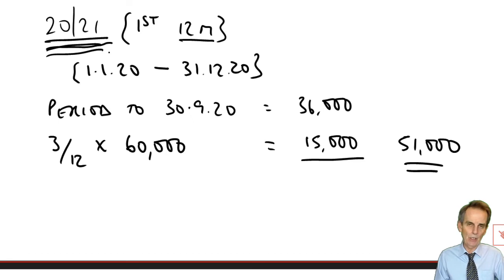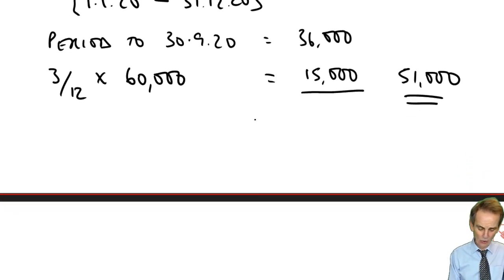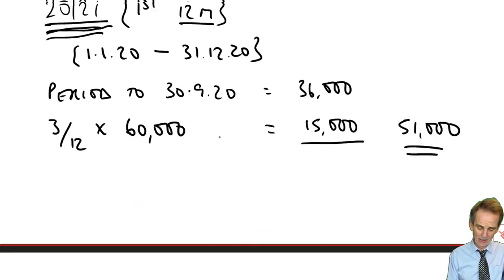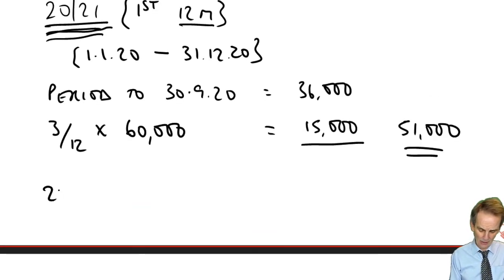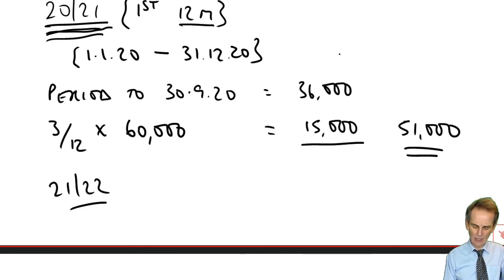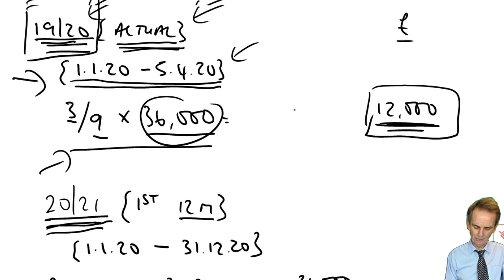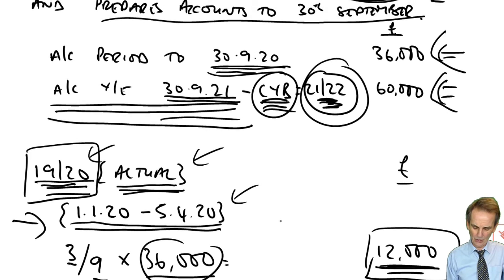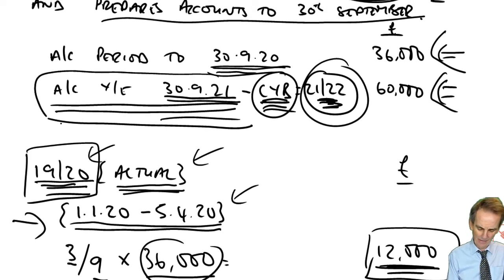As soon as you've got your second tax year, where you had opening period of less than 12 months ended in that second tax year, the third year will be straightforward, and we already know the answer to this. The third tax year is 21-22 tax year. And can you remember what we did when we firstly saw the information in the question? We saw that our first year end was there.